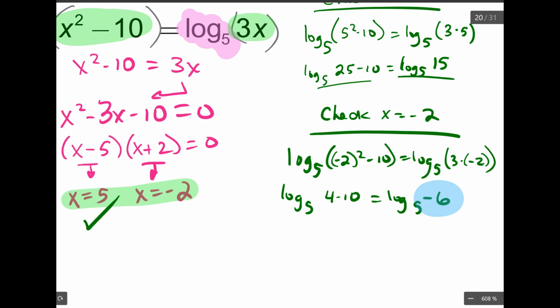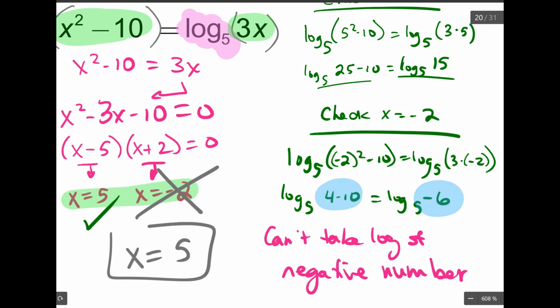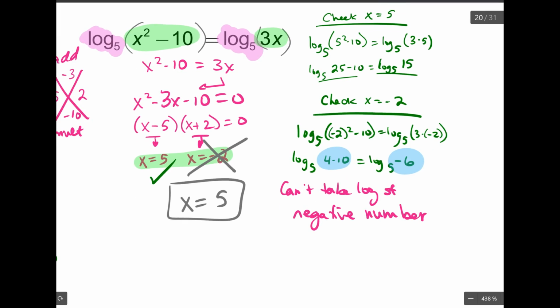And 4 minus 10 is going to be negative 6. So even though the left and right side match, that's not what it takes to get it kicked out. I can't be taking a log of a negative number. So that means x equals negative 2 is not my solution. I only have one solution, and that's x equals 5.